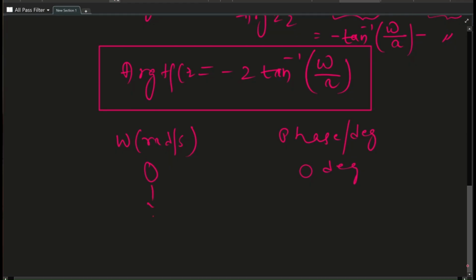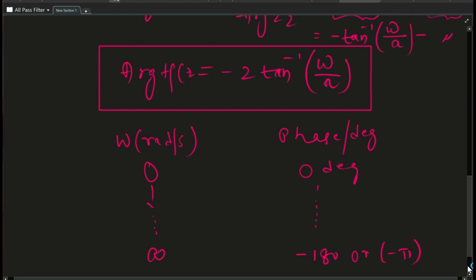As this omega continues to increase, let's say it goes to infinity, this phase is going to increase and it will reach minus 180 degrees or minus pi.